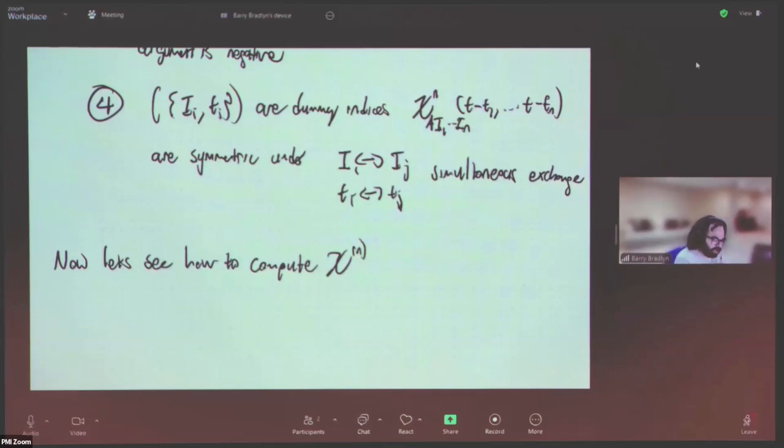Okay. Our approach is going to be to use perturbation theory. And so to do that, let's write out what average A of t actually is.